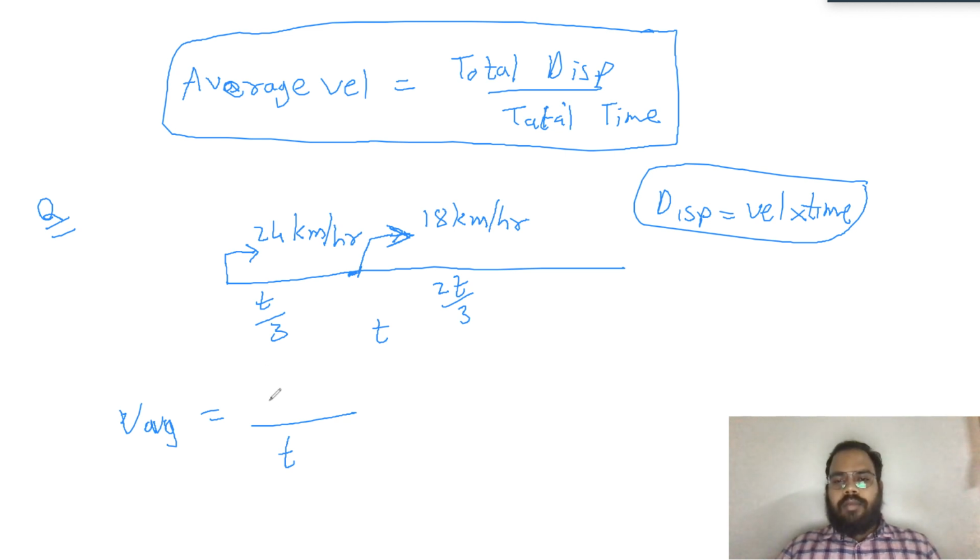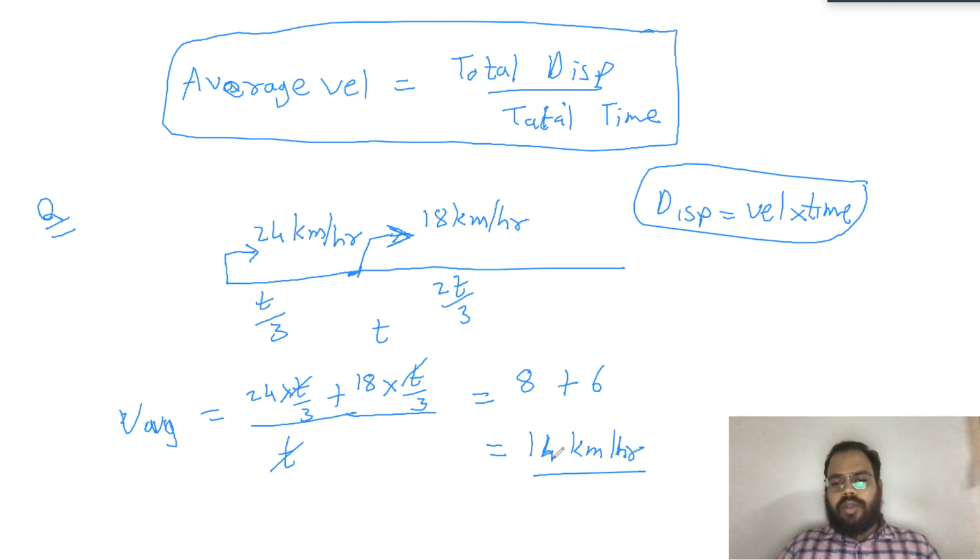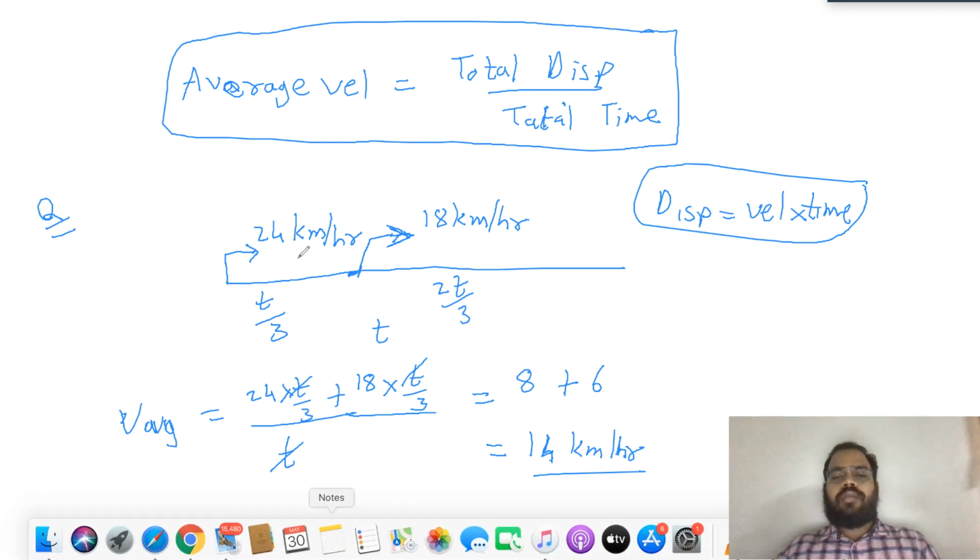So the displacement will be 24 into t by 3, plus 18 into 2t by 3 divided by t. The t gets cancelled out, so I'm left with 8 plus 6. So my answer will be 14 km per hour. You have to check units again, but here it won't affect. So my average velocity in this sum will be 14 km per hour.